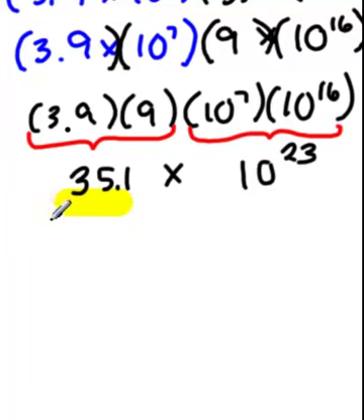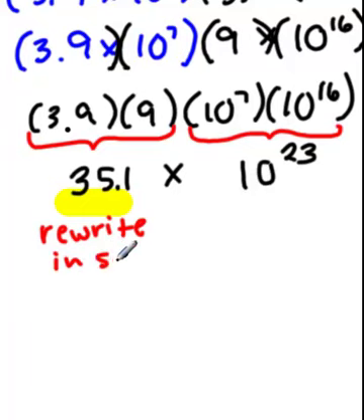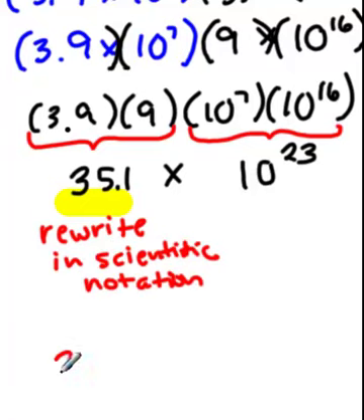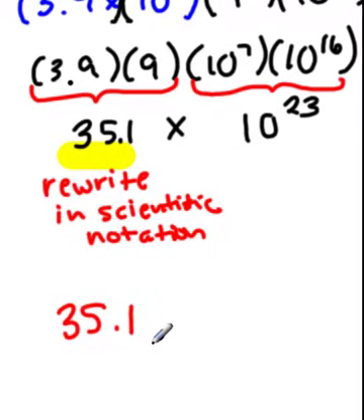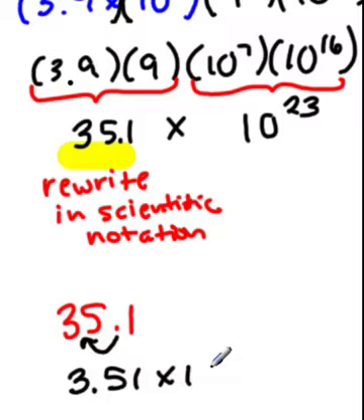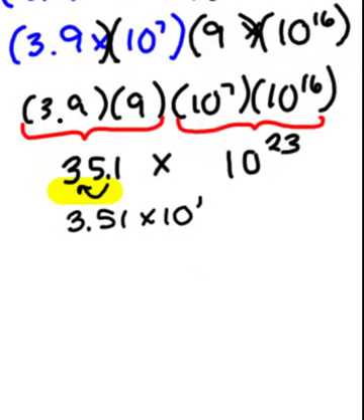So what I'm going to do is rewrite this number, 35.1, in scientific notation. 35.1 can be written in scientific notation by moving my decimal over one place to the left. That makes it 3.51 times 10 to the 1. I still need to bring down my 10 to the 23.